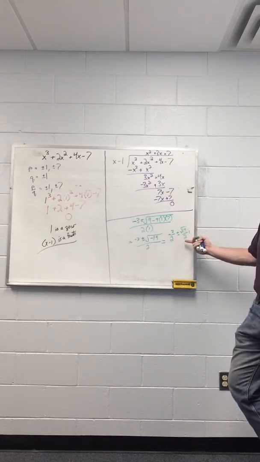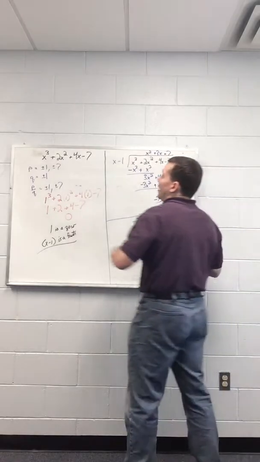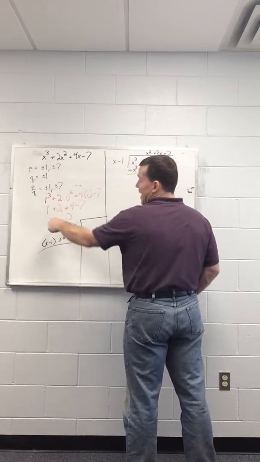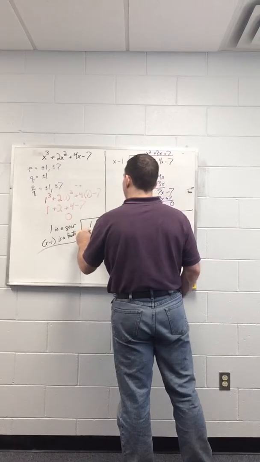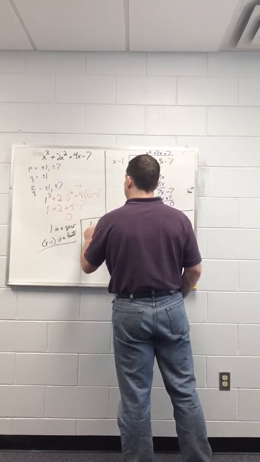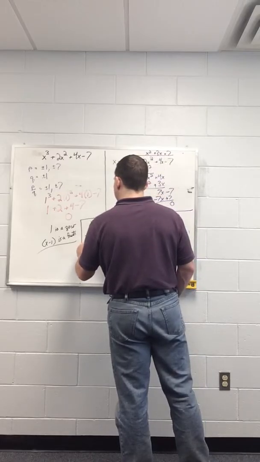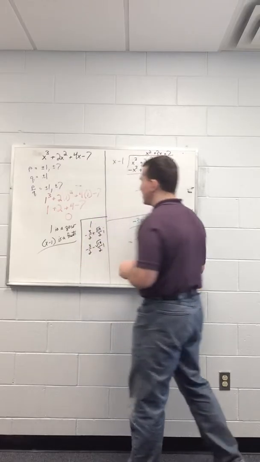Conjugate pairs theorem says these things should come in pairs. But now the ultimate goal was to find the 3 solutions to that, and I found them. 1 is a 0, negative 3 over 2 plus root 19 over 2i is a 0, and negative 3 over 2 minus root 19 over 2i is a 0.